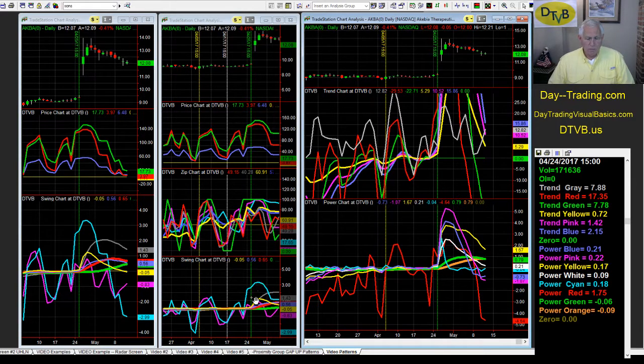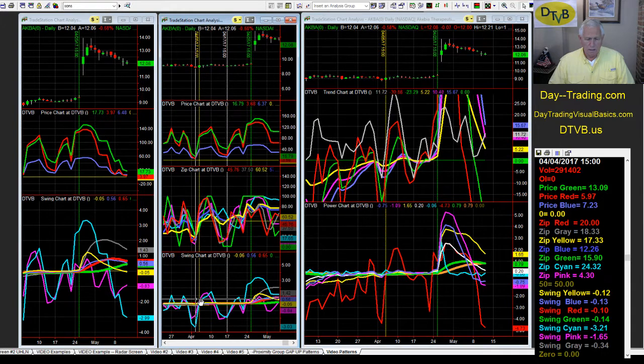Now, the other line I want to look at is Swing Zion. The day before the yellow line, Swing Zion is minus 3.2. The yellow line is with Swing Zion at 0.19.